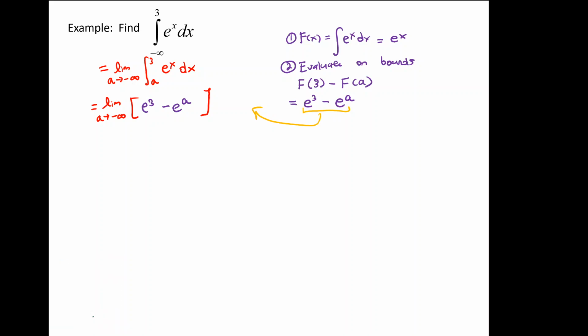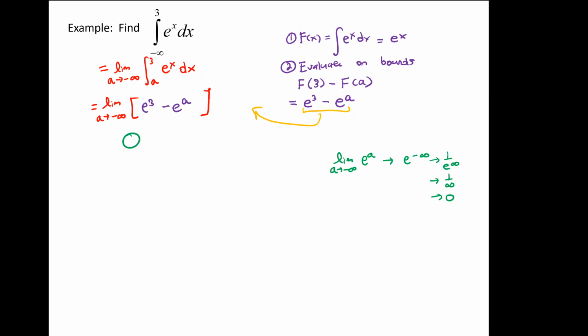Okay, next step, when we take the limit, we have something that looks like e to the minus infinity, since we're replacing a with minus infinity. So limit a approaches minus infinity of e to the a looks like e to the minus infinity, which looks like 1 over e to the positive infinity, which looks like 1 over infinity, which looks like 0.